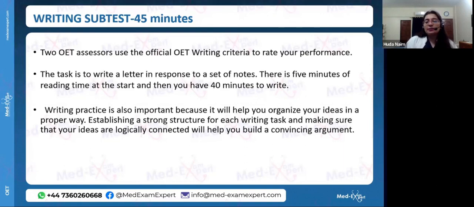So the writing subtest is basically a letter that you, as a doctor, are writing to another doctor. You are referring a patient. It could be a simple referral letter: you're a general practitioner, and you're referring to a rheumatologist or a cardiologist or any subspecialty, a specialist.